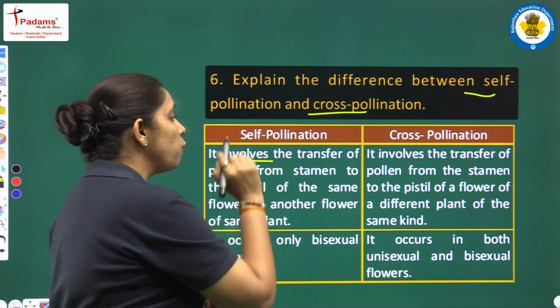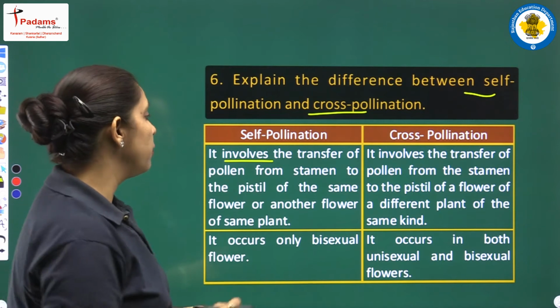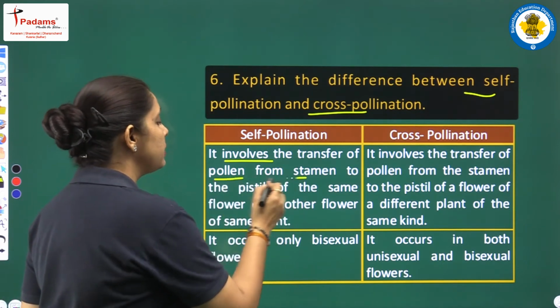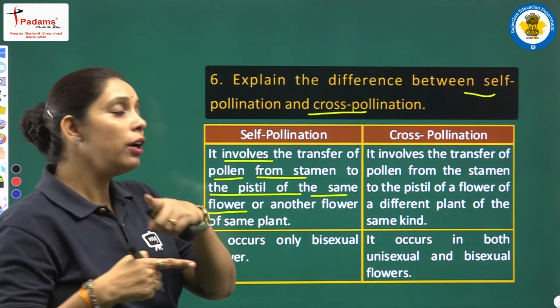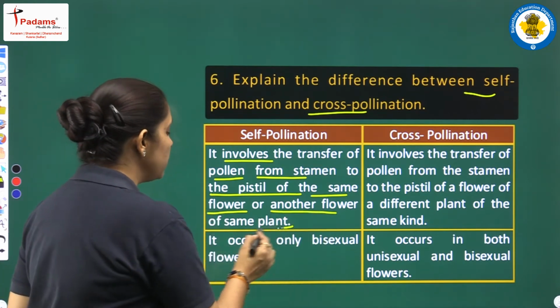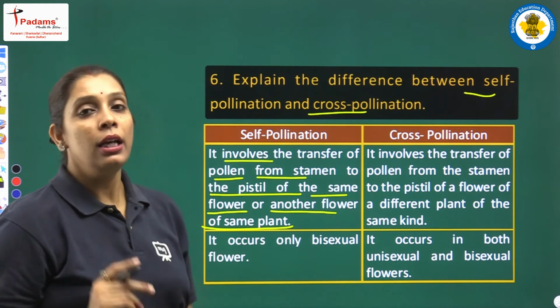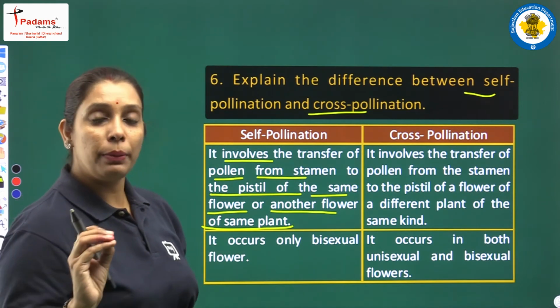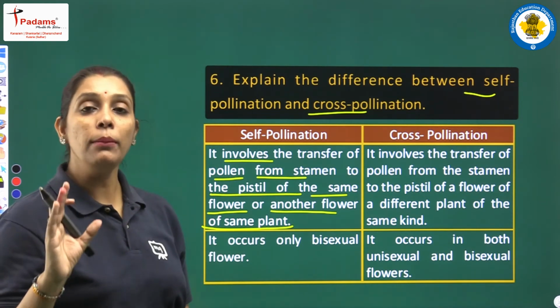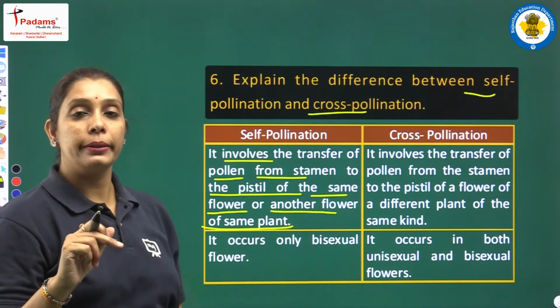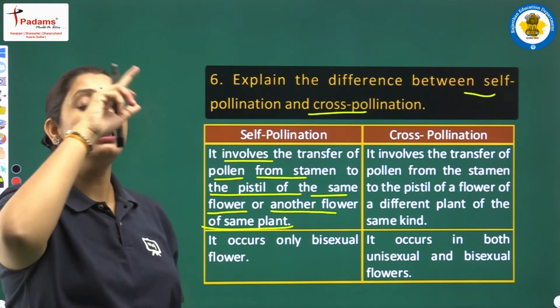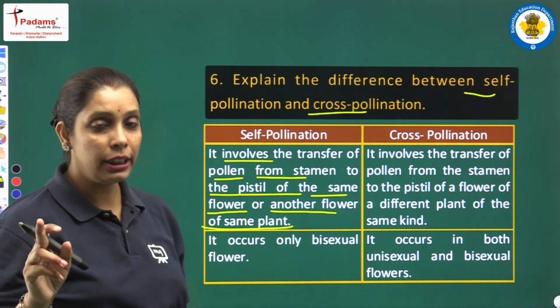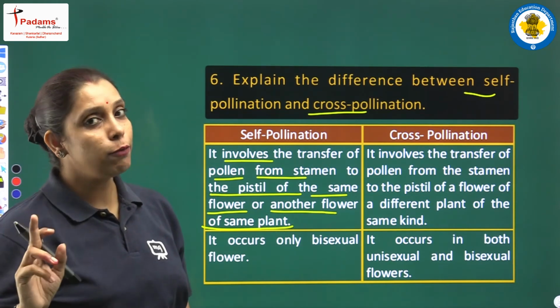It involves the transfer of pollen from stamen to the pistil of the same flower or another flower of the same plant. याद आया? सेल्फ पॉलिनेशन में मैंने आपको ये बताया था कि सेम प्लांट के ऊपर एंथर से स्टिग्मा पर पोलन ग्रेन्स का ट्रांसफर, ठीक है, क्या कहलाता है, सेल्फ पॉलिनेशन.